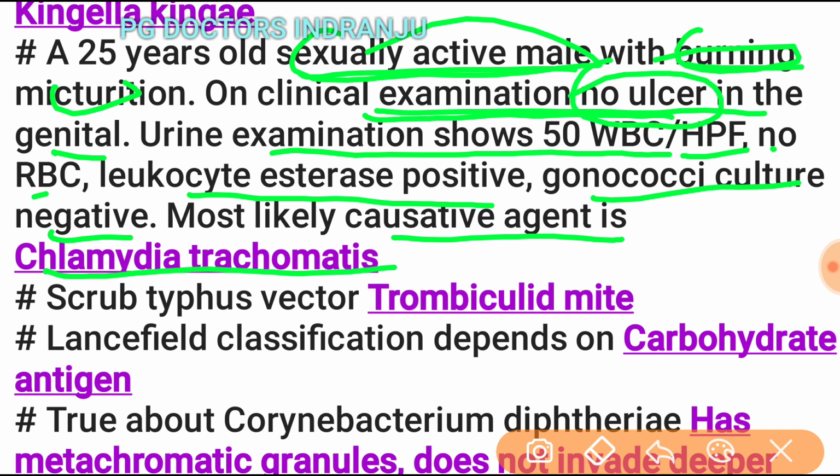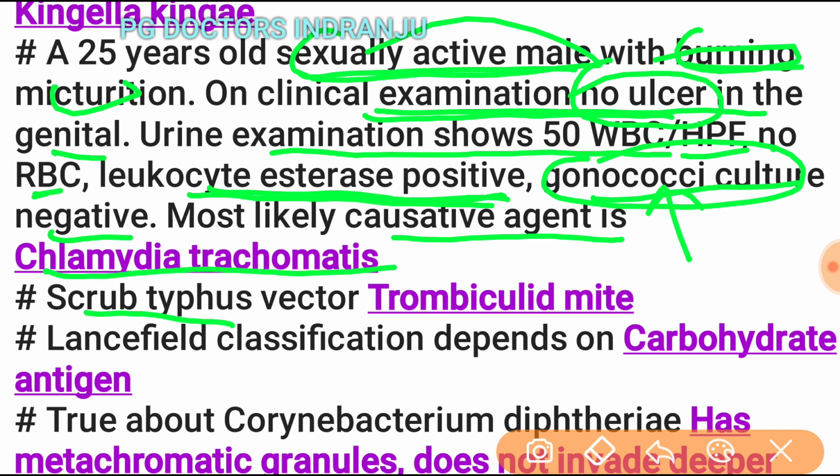If an ulcer is present, then the answer goes towards gonococci. But here gonococci are negative, there is no RBC, and leukocyte esterase is positive, and it is the feature of Chlamydia trachomatis.